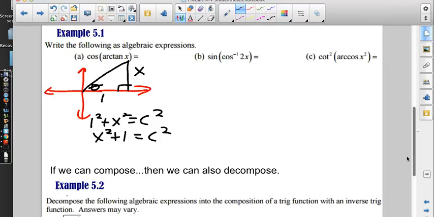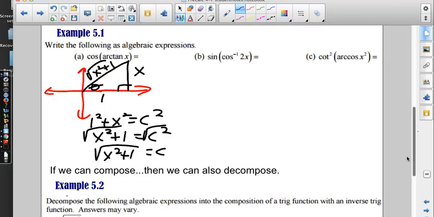But we don't have c yet until we take the square root. Now normally if we take the square root, we know we have to do plus or minus, but we're talking about the side lengths and the hypotenuse of triangles. It's not going to be negative. We don't have to do that piece. But this will give us the square root of x squared plus 1. And notice it's addition because we were trying to figure out what the hypotenuse was.